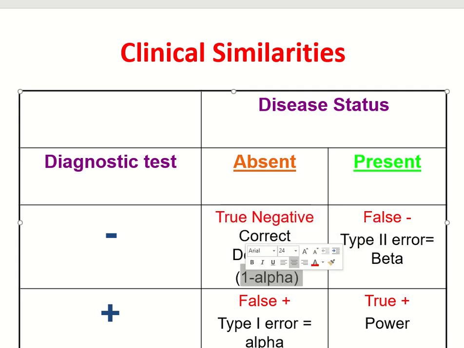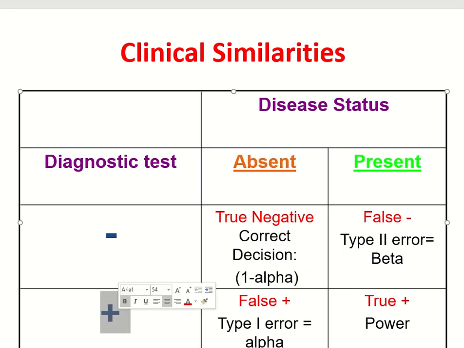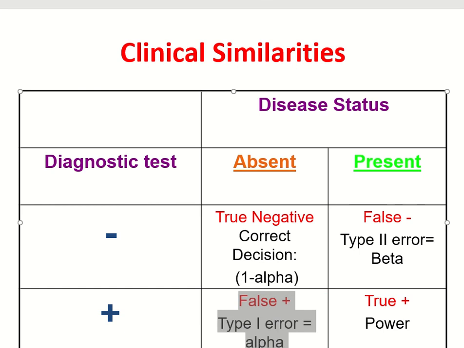And this is the 1 minus alpha we discussed. But if the patient is healthy but for some reason the test came back positive, meaning you are saying there is a disease, or the patient has the disease, when in reality they do not have the disease, so you're declaring a false positive result. This is your type 1 error. This is alpha, and this is what should not occur more than 5% of the time.